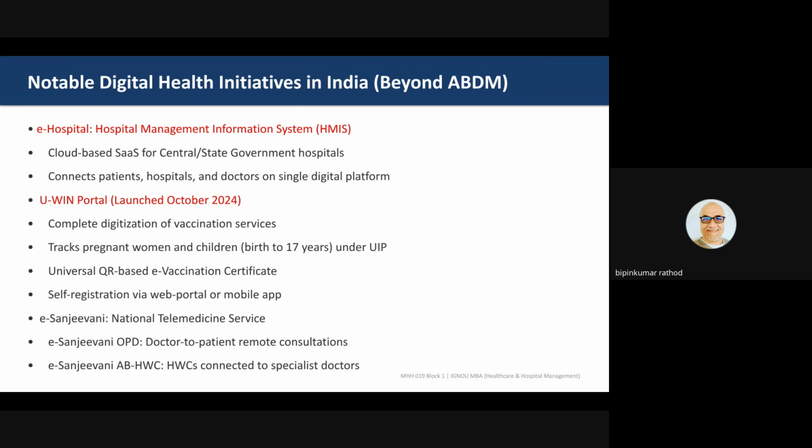And the third, as you see in your slide, is eSanjeevani. eSanjeevani is a globally recognized, one of the largest doctor-to-patient remote consultation platforms. It's run by C-DAC Mohali.